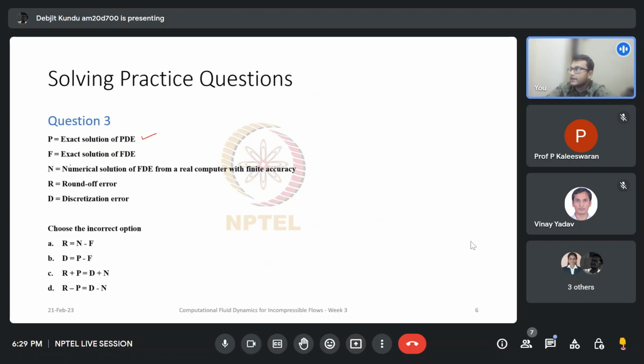And N is the numerical solution where a computer has been used to solve those finite difference equations. Once we involve a computer, it comes with finite accuracy, which introduces some kinds of errors. R is the round off error, which is the kind of error that comes from finite accuracy, and D is a discretization error.